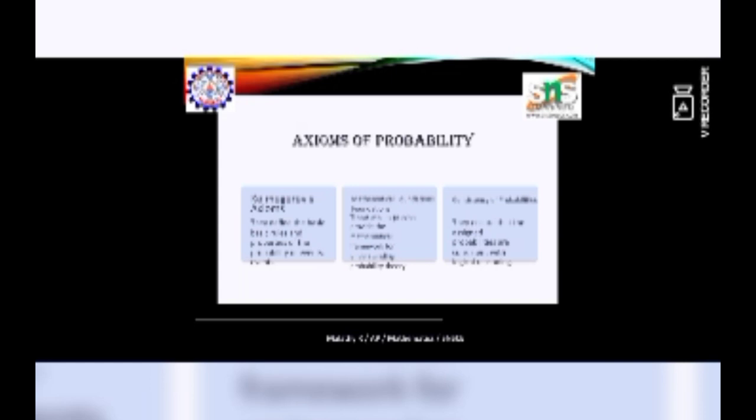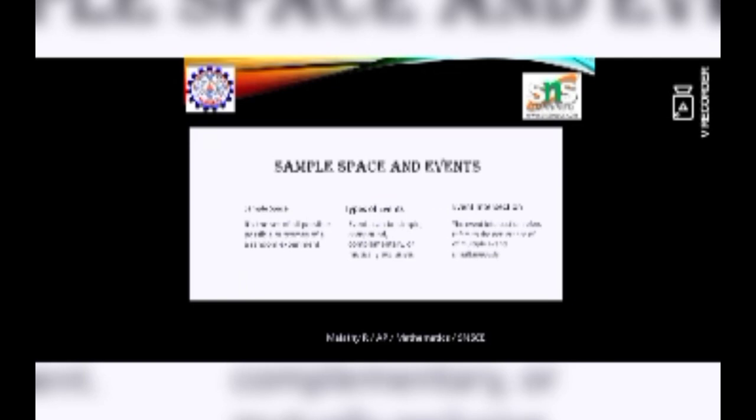Next we have axioms of probability. Already we have discussed that we have three conditions: total probability is 1, probability values lie between 0 and 1, and union and summation are equal here. Sample space and events. Sample space means the set of all possible outcomes of a random experiment.